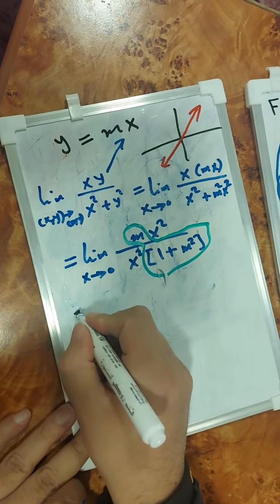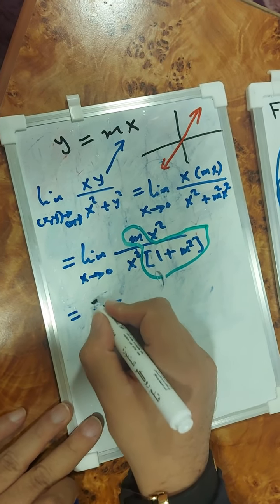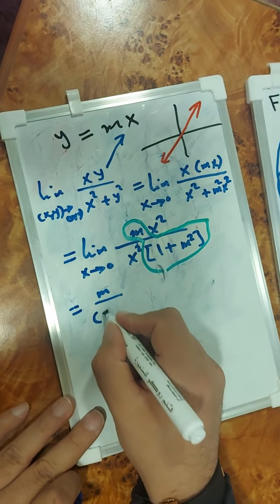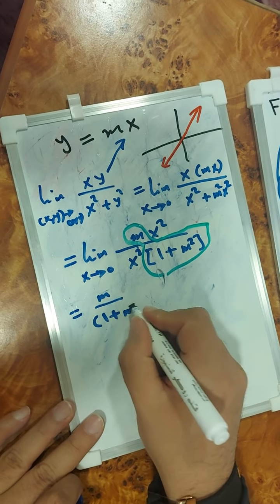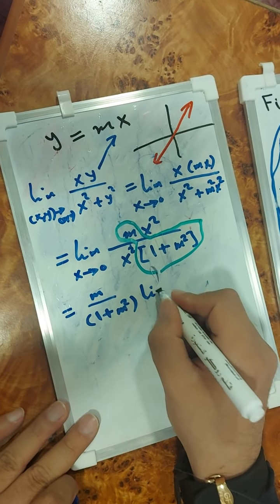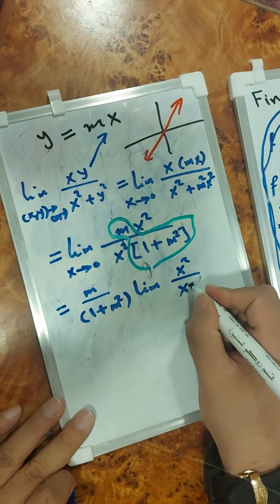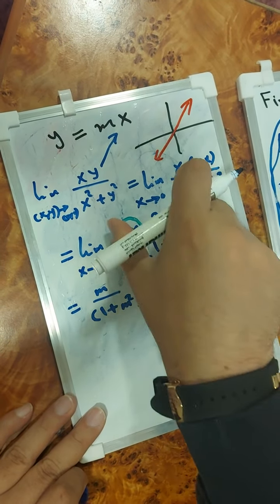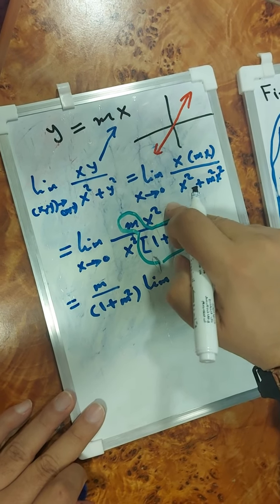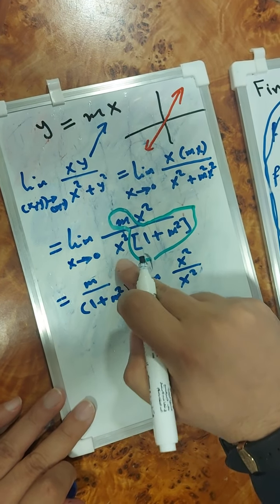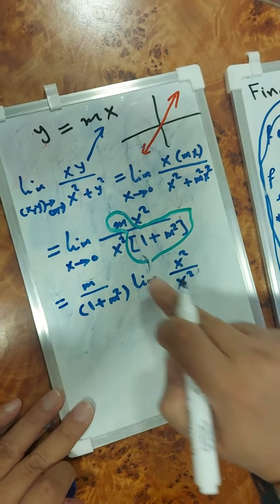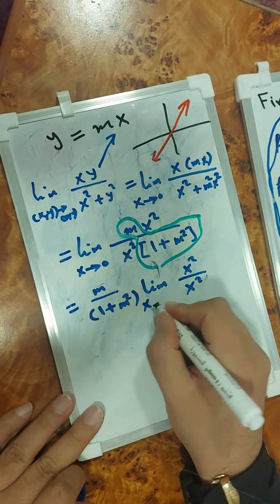So the limit is reduced to m over 1 plus m squared multiply the limit of x squared over x squared, which is what remains from the numerator x squared and from the denominator 1 plus x squared, as x approaches 0.